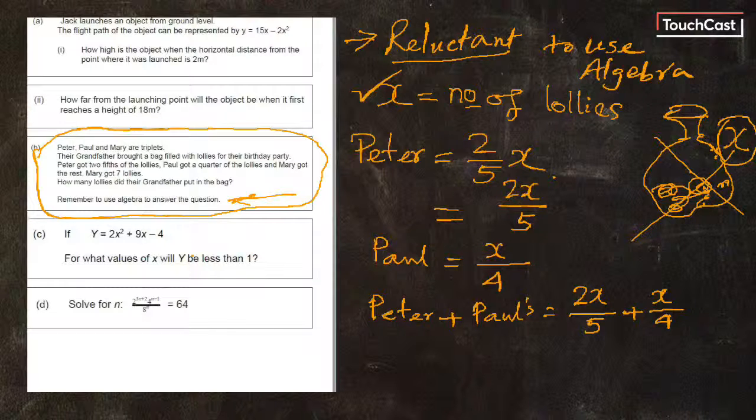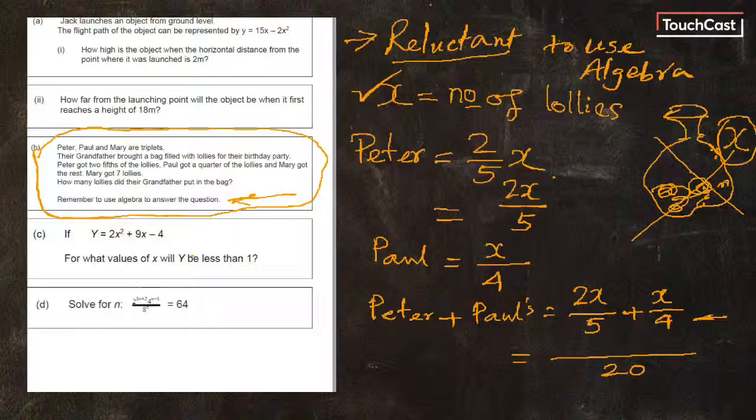And by now everyone knows how to add them together. 5 times 4. I've seen some of the students adding those denominators. Please do not do it. We are thinking about the multiples. So 5 times 4 gives you 20.